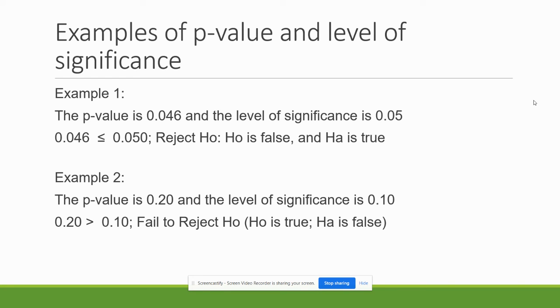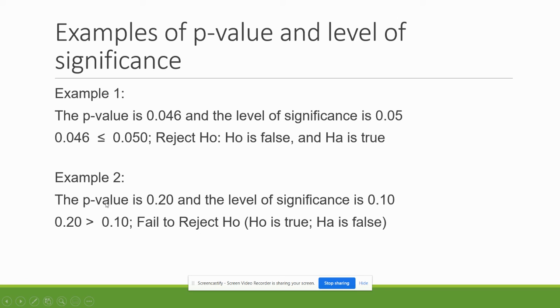All right, let's do some examples. Example 1. The p-value is 0.046 and the level of significance is 0.05. I added extra zeros to make them look easier because if I have the 3 decimal places here, it's easier to compare. So since 0.046 is less than or equal to 0.050, I reject the null, which means the null is false and the alternative is true.